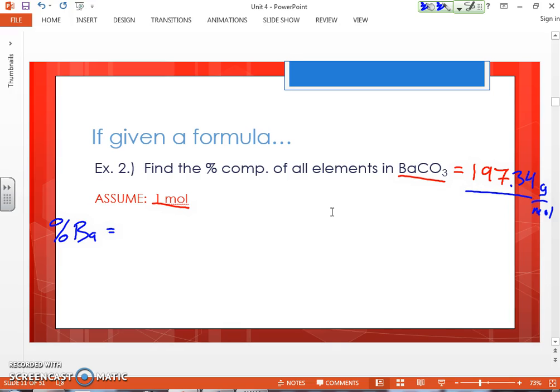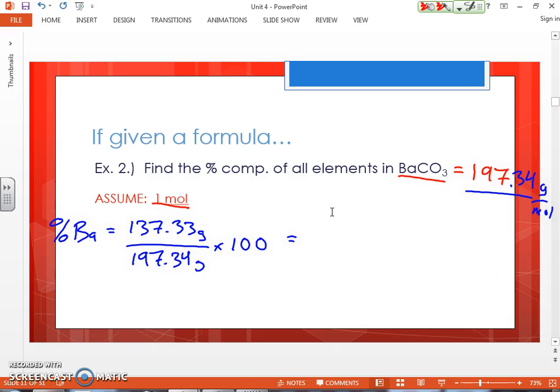Barium, of that molar mass, was 137.33 grams, divided by that total, 197.34 times 100. So really, you're doing the exact same calculations. This one you just had to do a little background info, a little side work.